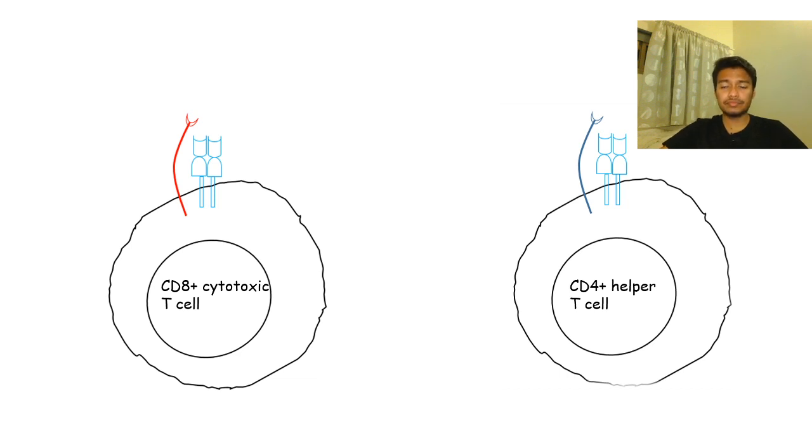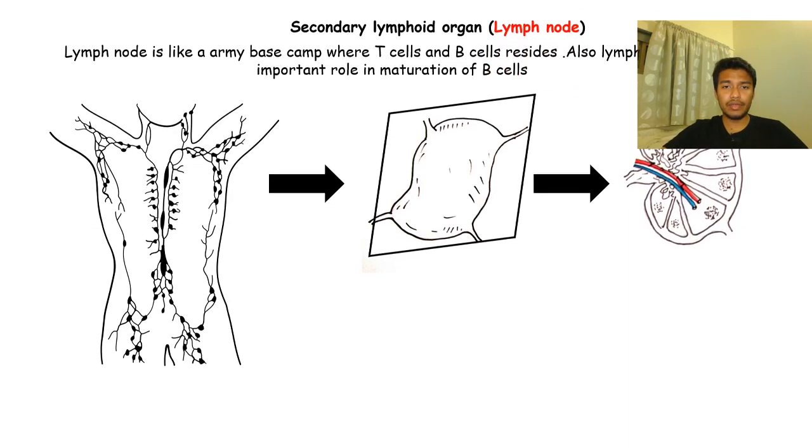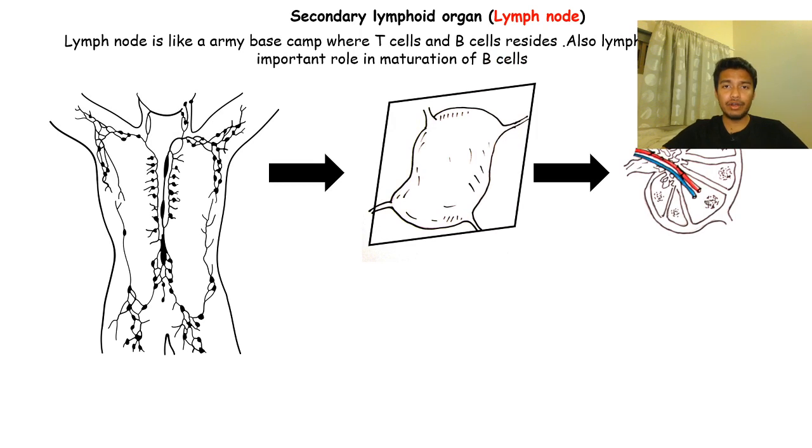Okay, so the secondary lymphoid organs, as we are going to talk about right now, are the organs which help the immune cells to grow, right? For example, here we are giving the example of lymph node.